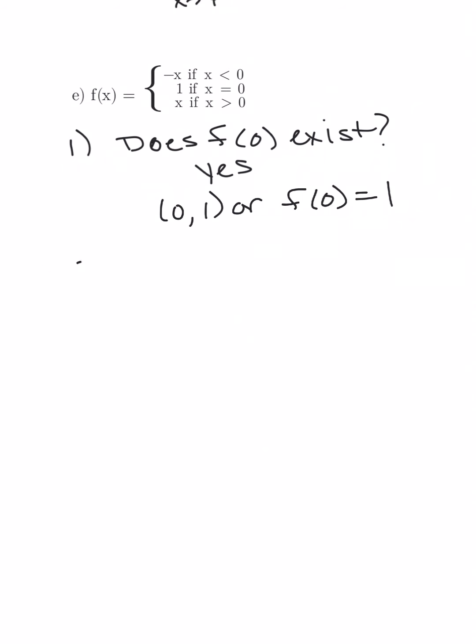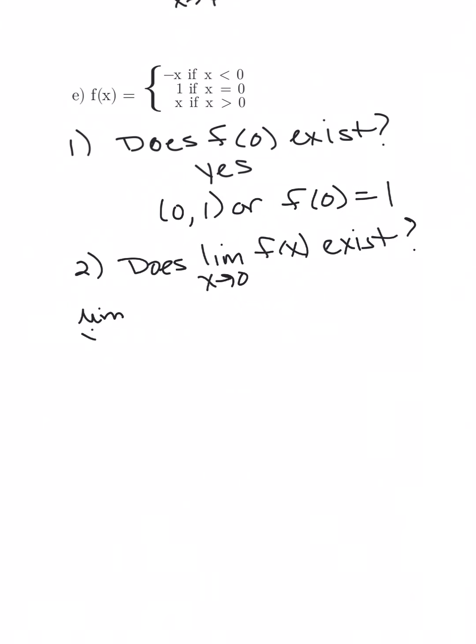Now let's think about Rule 2, which asks, does the limit as x approaches 0 for this function exist? Because it's piecewise, we need to do it from the left and from the right.